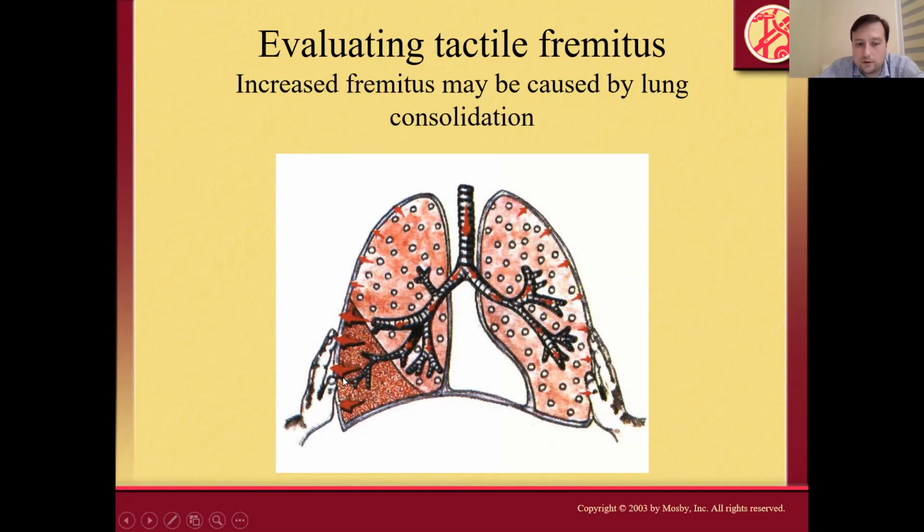In the lower borders, it is increased. Consolidation of the lungs, the main reason of consolidation is pneumonia, inflammation of lung tissue. So in pneumonia, we have increased tactile parameters.